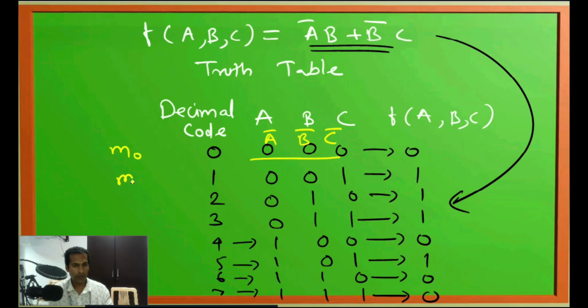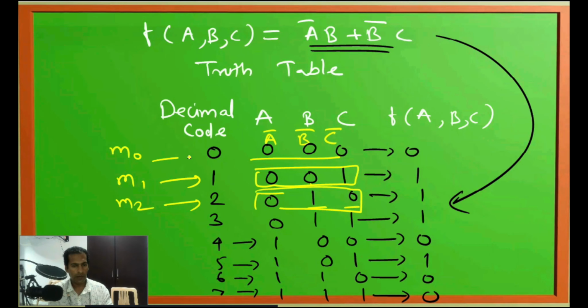So m1 will be equal to A bar B bar C. Then m2 will be A bar B C bar, like this. So these are the min terms.